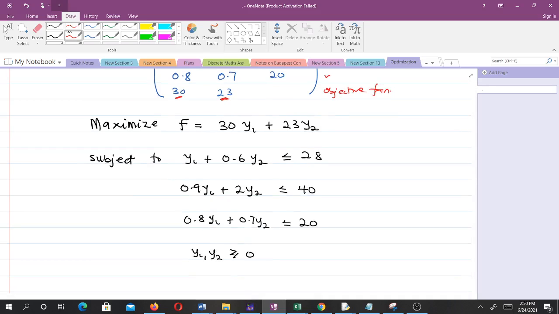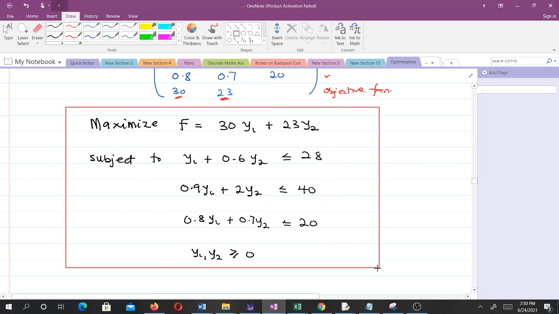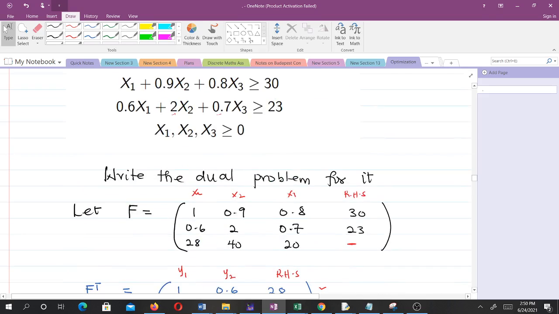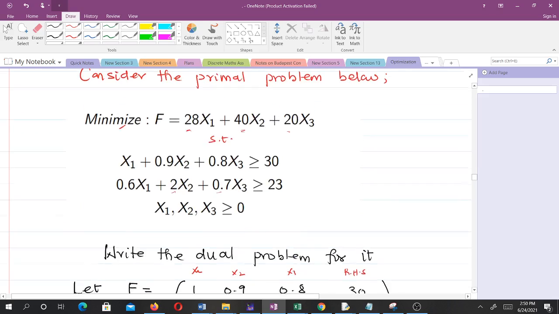So this here is the dual form. With the dual form, we have three inequalities and two decision variables. Let's go back to the primal problem.